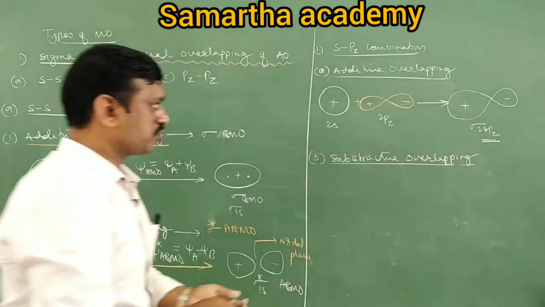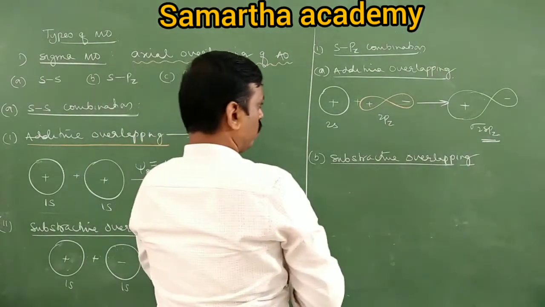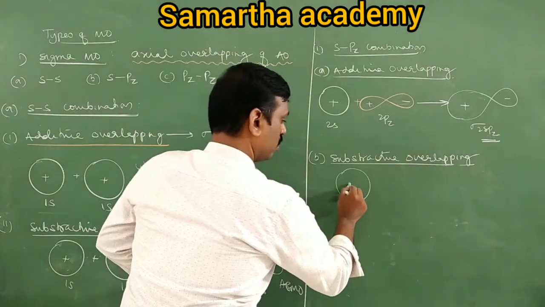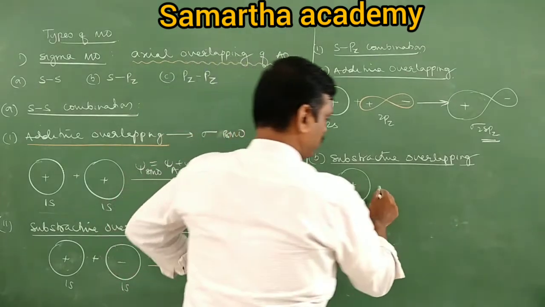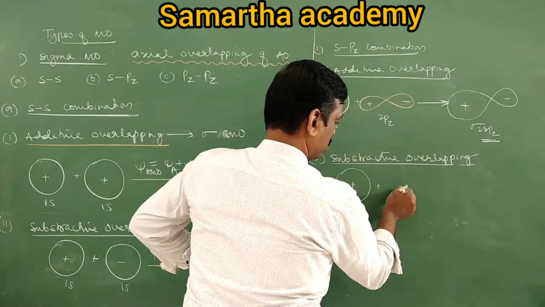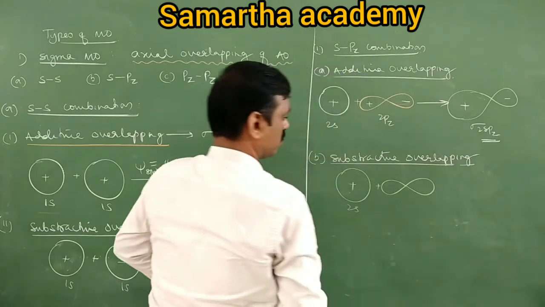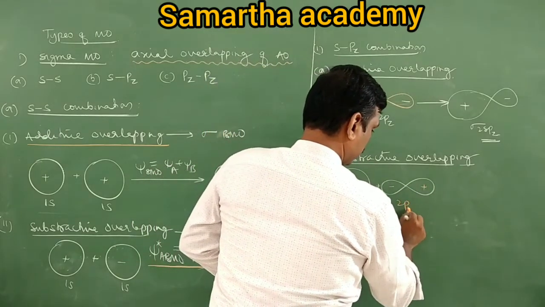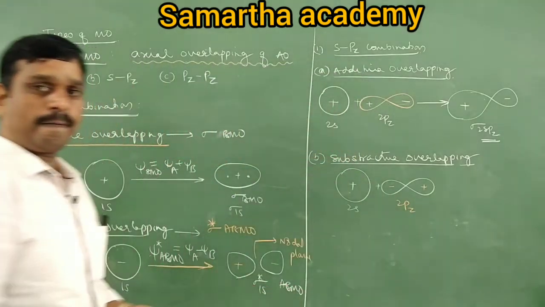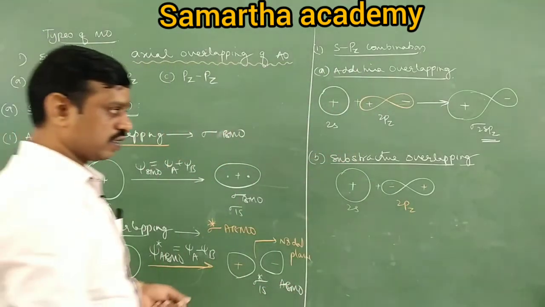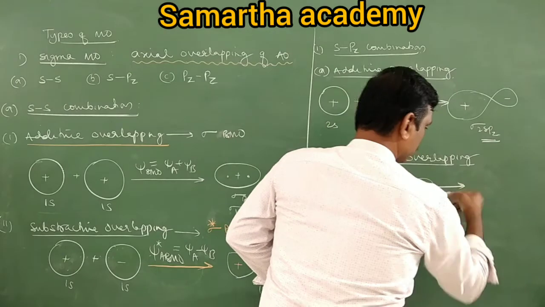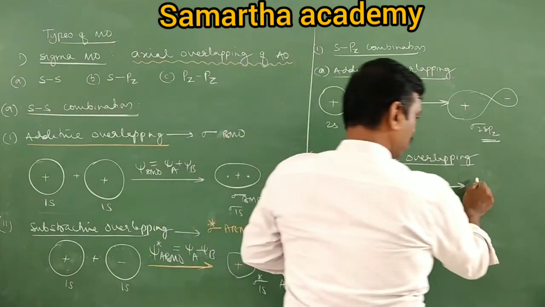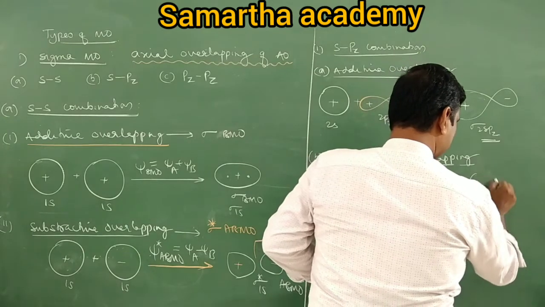Tell me, in subtractive overlapping, 1s orbital, 2s orbital, positive wave function, right? Plus, come on, tell me, here is what? It should be negative, it is positive, right? Now here remember, this positive, negative, they do not exactly overlap.